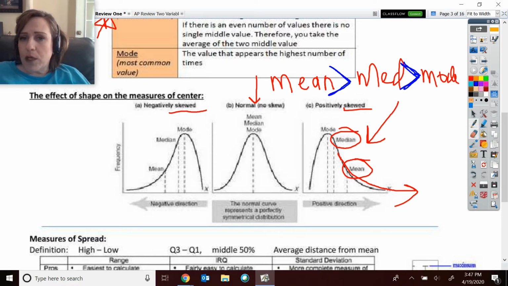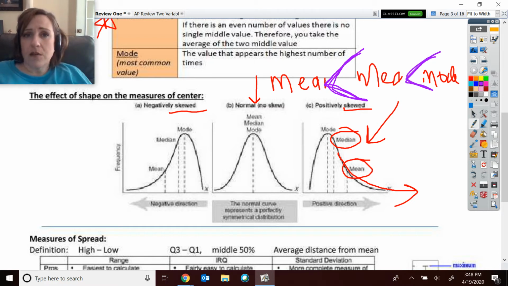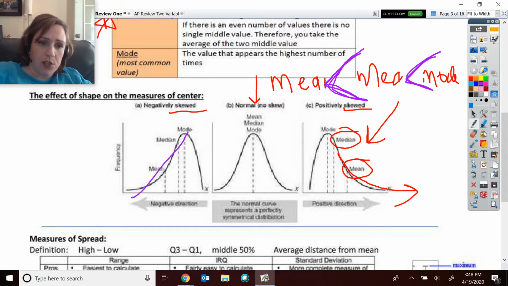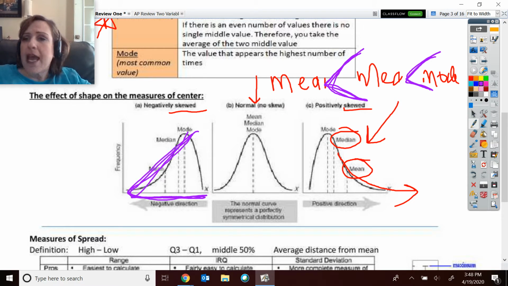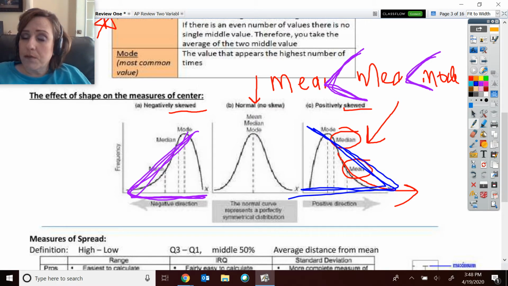But if it was skewed left, and we drew our inequalities to the left, then we can see that that's because our mean is less than the median, which is less than the mode. Okay, so you would want to draw your inequality like the shape, and then that'll tell you the relationship between the mean, the median, and the mode.